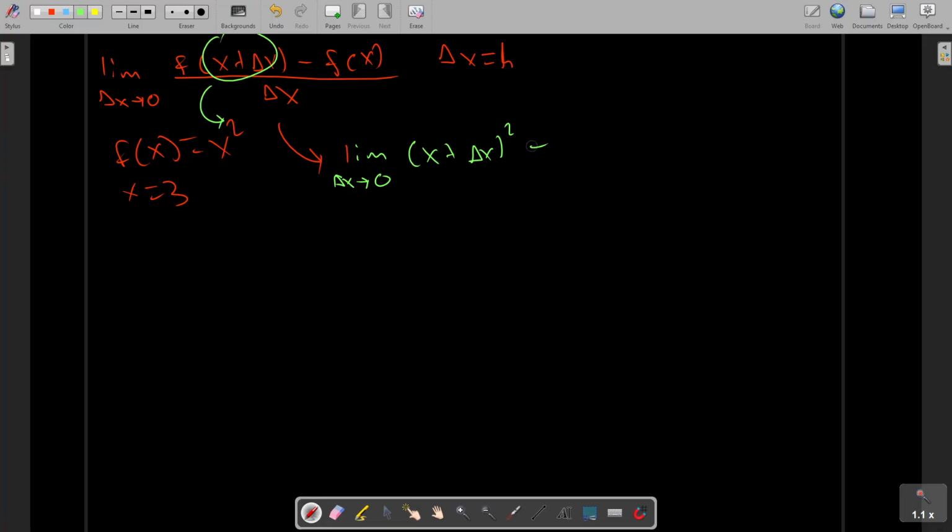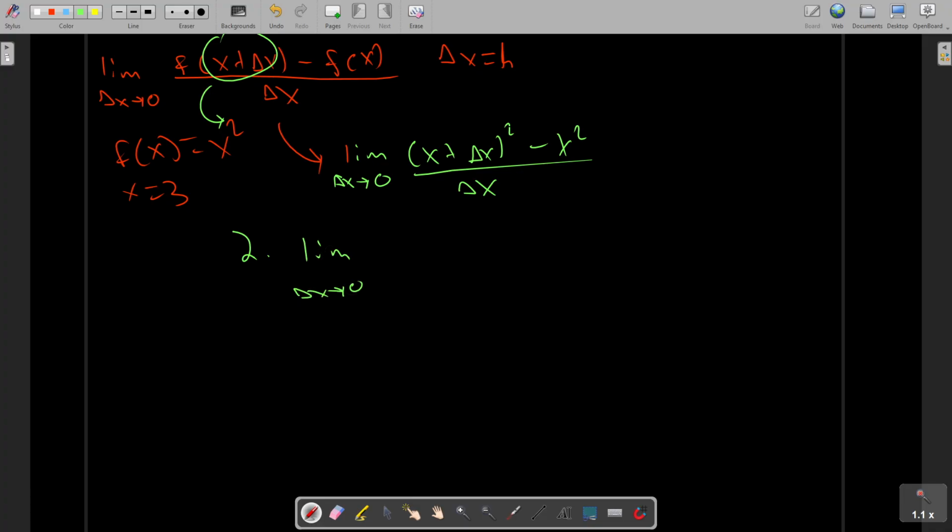And then we're going to subtract f of x, which, keep in mind, is just x squared. And this is all going to be over our delta x. As you can see right now, this is still not solvable because the denominator is still 0, and we can't have that. It's still undefined. So let's go to step 2. The limit as delta x approaches 0.